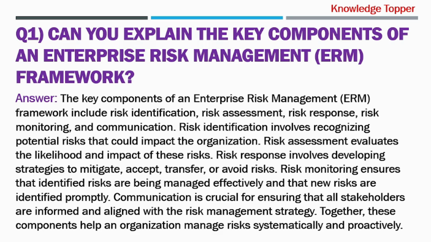Risk response involves developing strategies to mitigate, accept, transfer, or avoid risks. Risk monitoring ensures that identified risks are being managed effectively and that new risks are identified promptly. Communication is crucial for ensuring that all stakeholders are informed and aligned with the risk management strategy. Together, these components help an organization manage risk systematically and proactively.